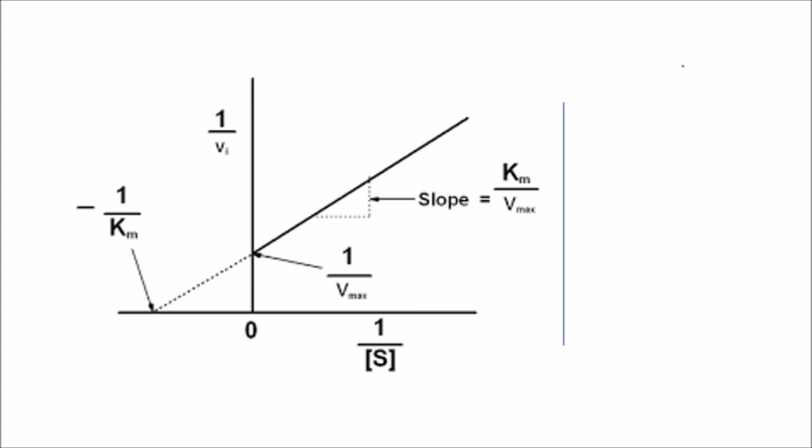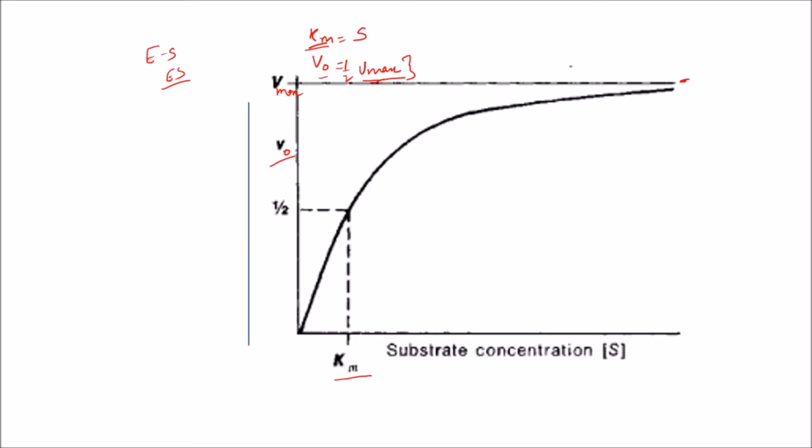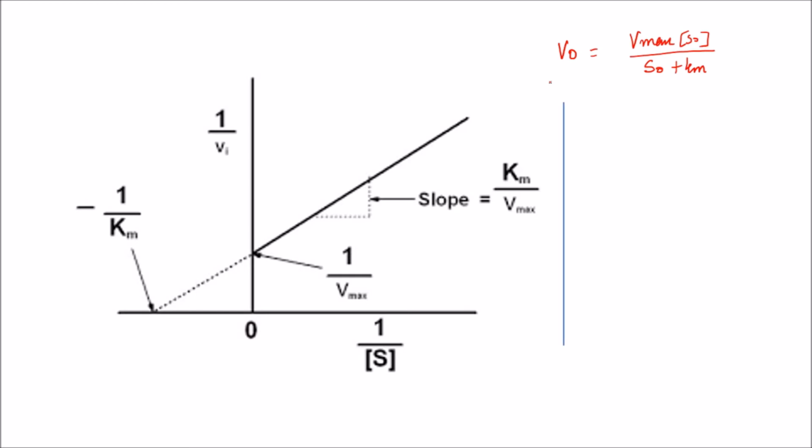But what he did: we know that as per the Michaelis-Menten equation, V naught is equal to Vmax into the initial substrate concentration S naught, divided by Km plus S naught. He made very minor changes in that, and instead of the hyperbolic graph, they were able to plot a linear graph, and from there we can easily define all the characteristics like Km, Vmax and so on.